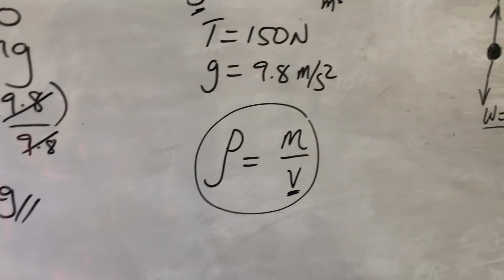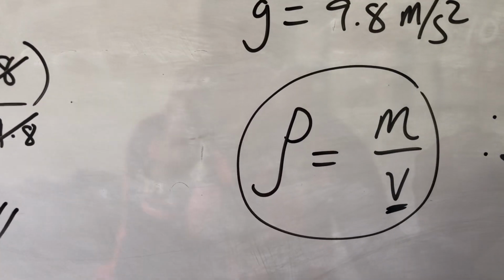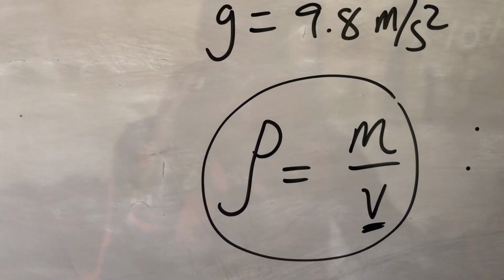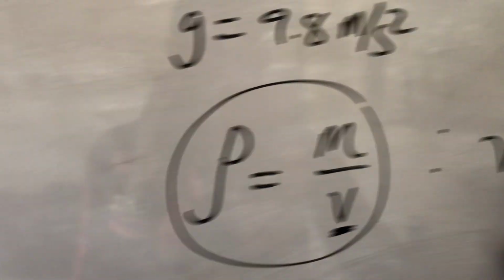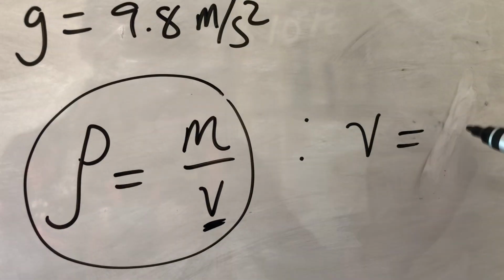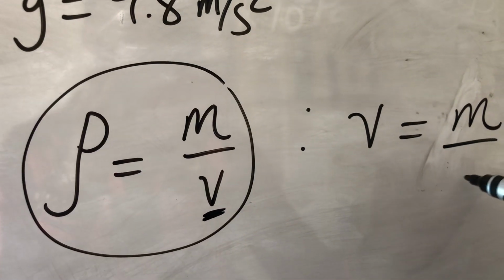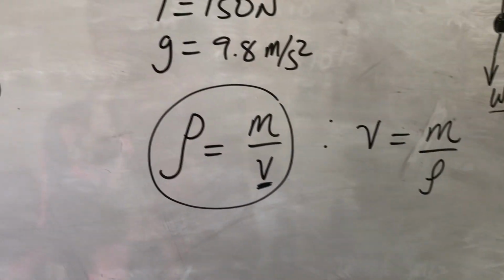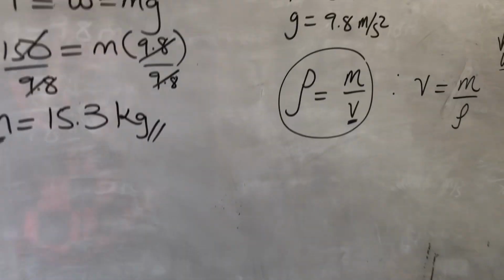So let's try to make V the subject of the formula. If we make V the subject, V is going to be equal to M divided by rho. So we can take this situation now and try to solve.